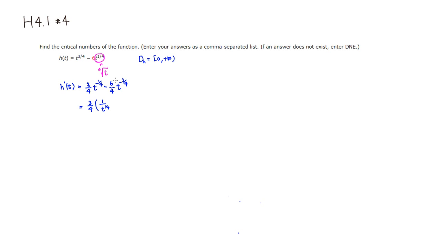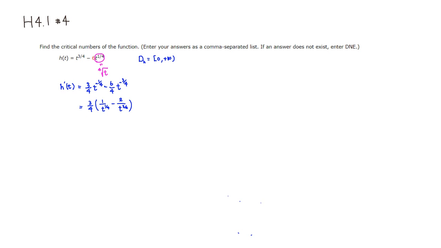Then if you pull out the 3/4 from -6/4, you're going to have 2 over t to the 3/4 power, since it's a negative power, I put it on the bottom. Then I'm going to take the common denominator.